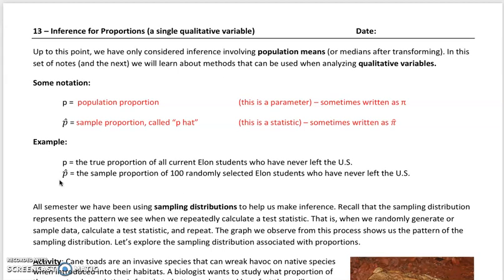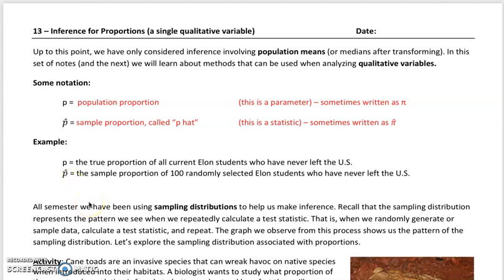So what we've been doing this semester is using sampling distributions, which remember tells us how often we would see certain statistics if we took a whole bunch of random samples. We've been using this idea to help us make confidence intervals, hypothesis tests, and things like that.